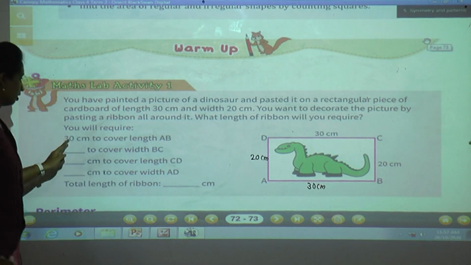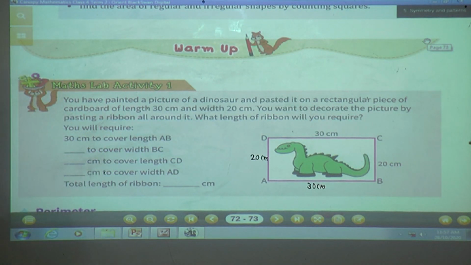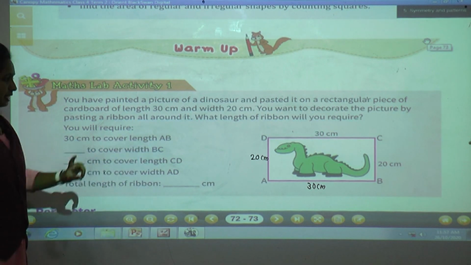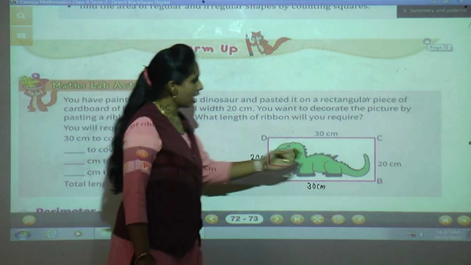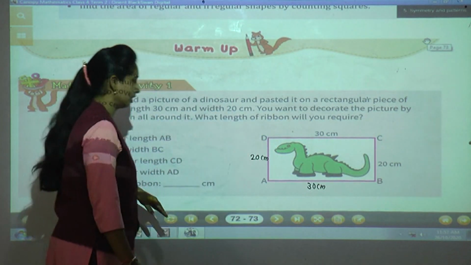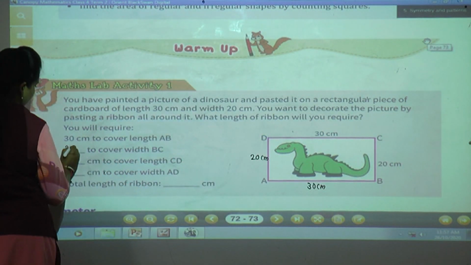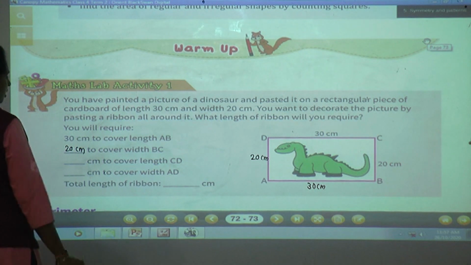Now see here, 30 centimeter to cover the length AB, dash to cover the width BC. How much is BC? Yes, 20 centimeter, isn't it?